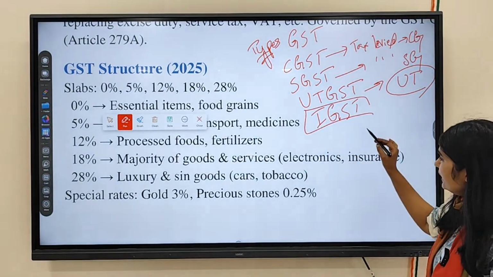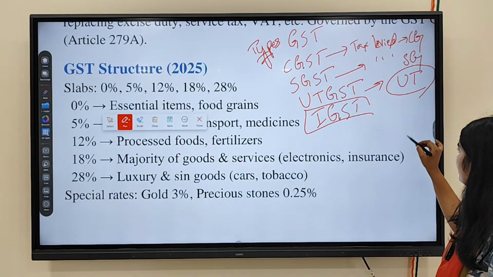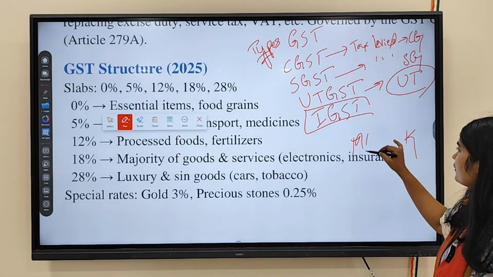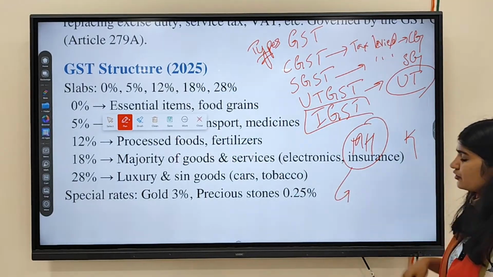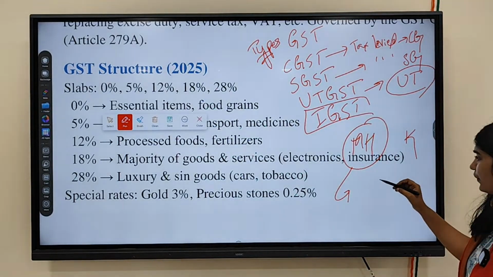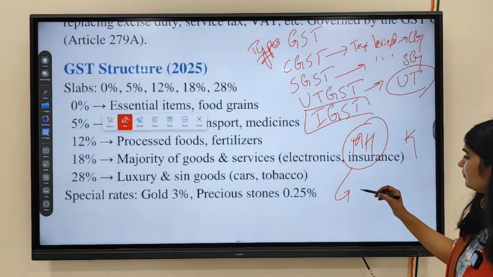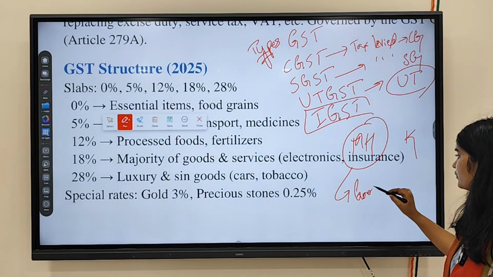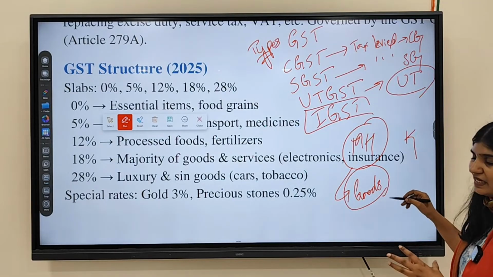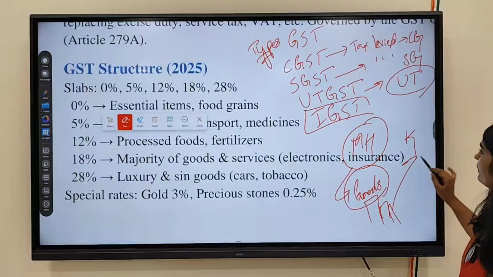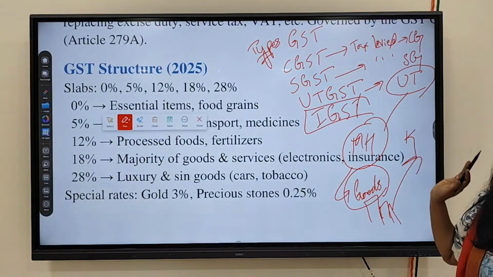See here. Think this is Karnataka. This is Maharashtra. In Maharashtra, they have produced one of the goods. Whatever manufacturing company is set up in Maharashtra, they distribute to the other neighboring states.